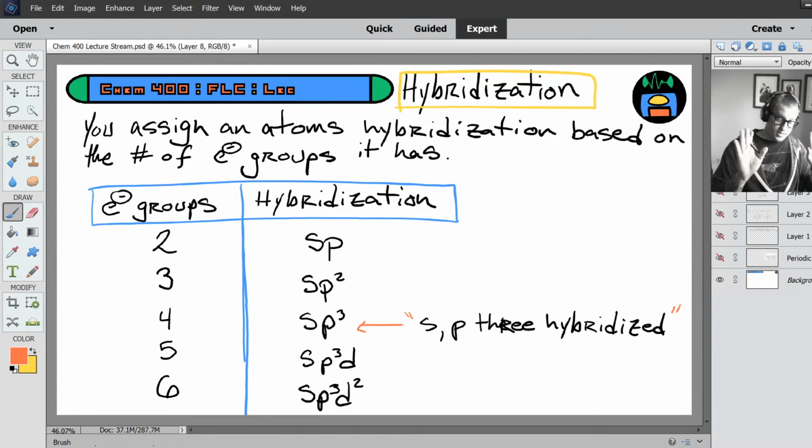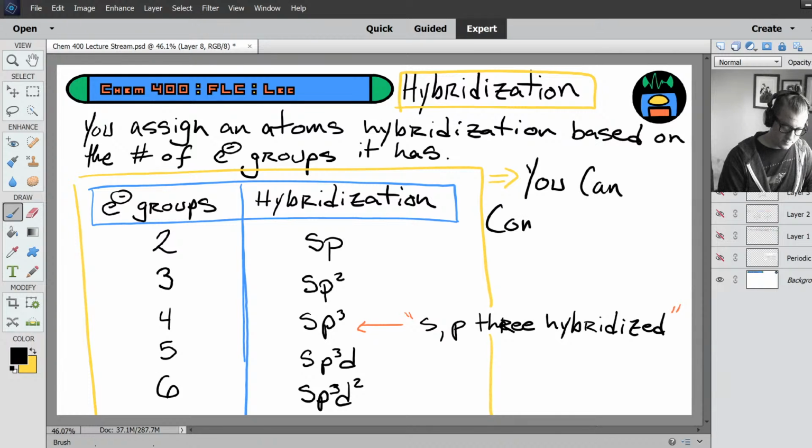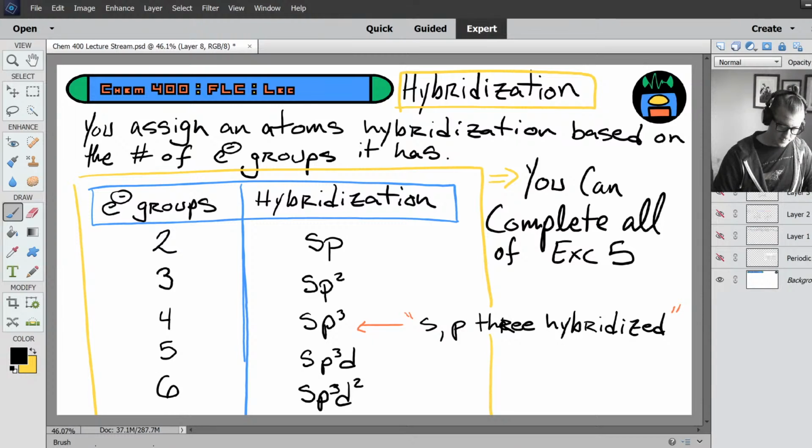All right, now with this chart right here, you can complete all of lab exercise 5.